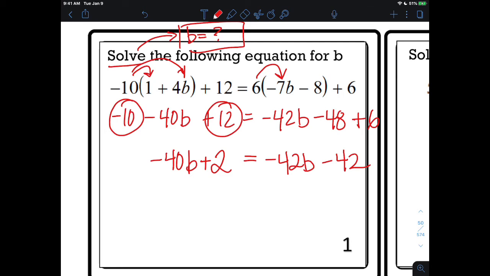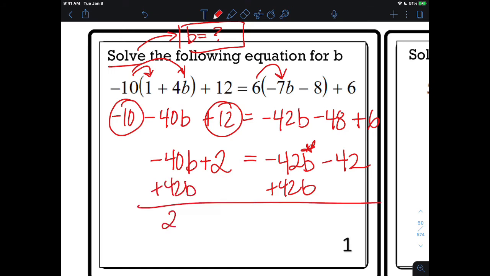Okay. So now I'm going to say, all right, which one of these is smaller? Well, I see a 42 over here and a 40 there. So in my mind, I would have thought that that 40 was going to be smaller, but these are negative numbers. So the more negative is smaller. So that's this guy over here. Let's move him. And the great thing about doing this is now we're back into the positives.